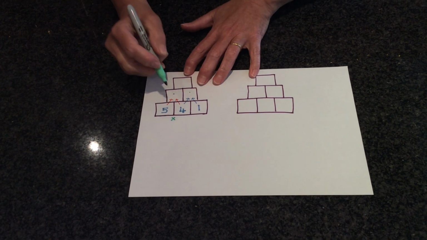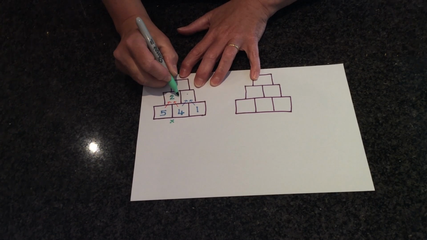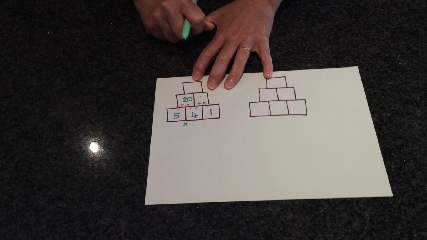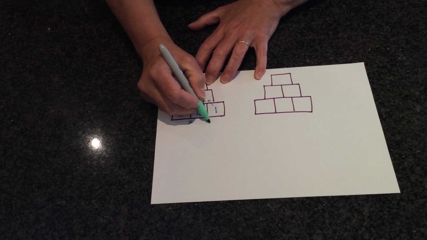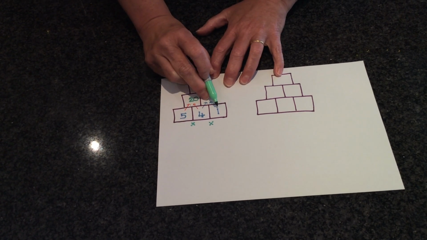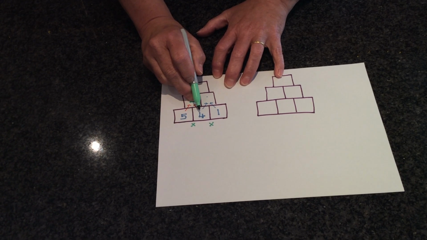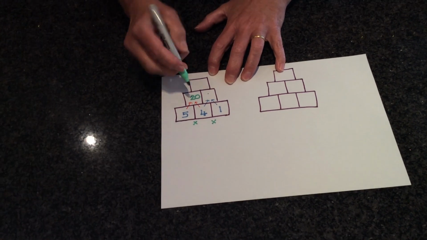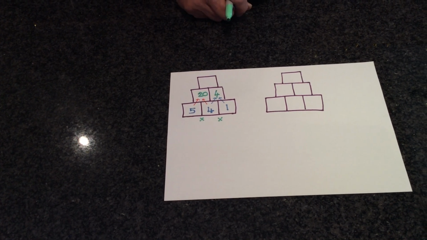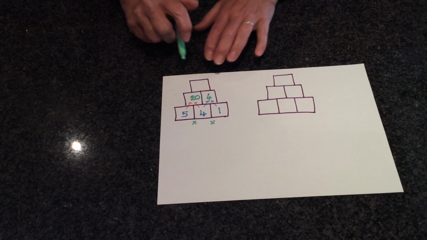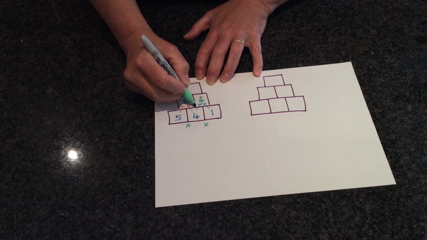And the answer to that is going to be 20. Okay. Now I've got to do this one here. 4 times 1. 4 times 1 is going to be 4.